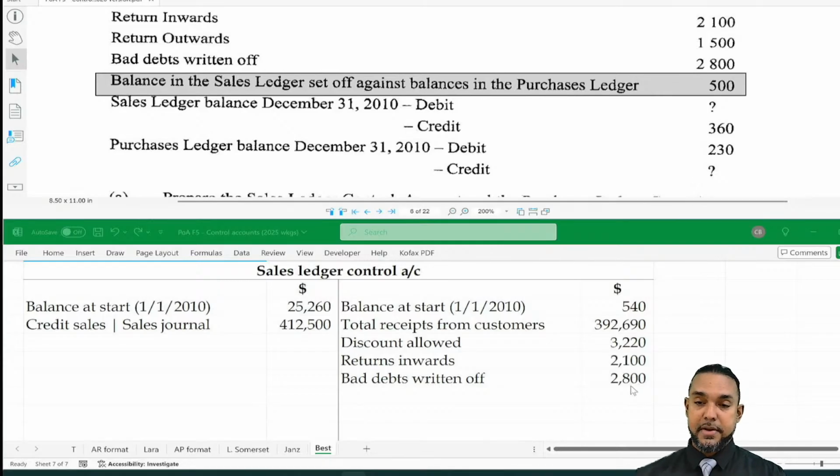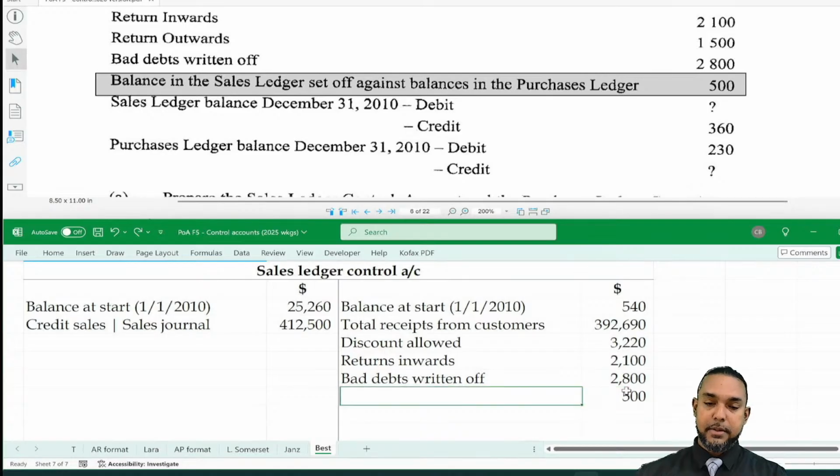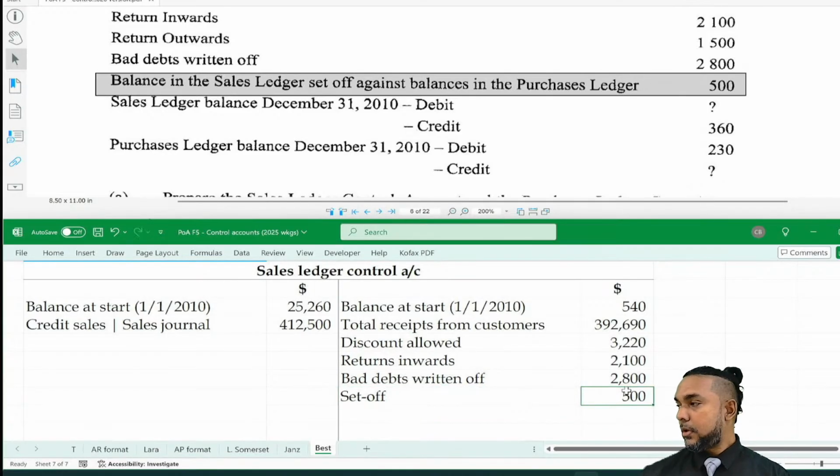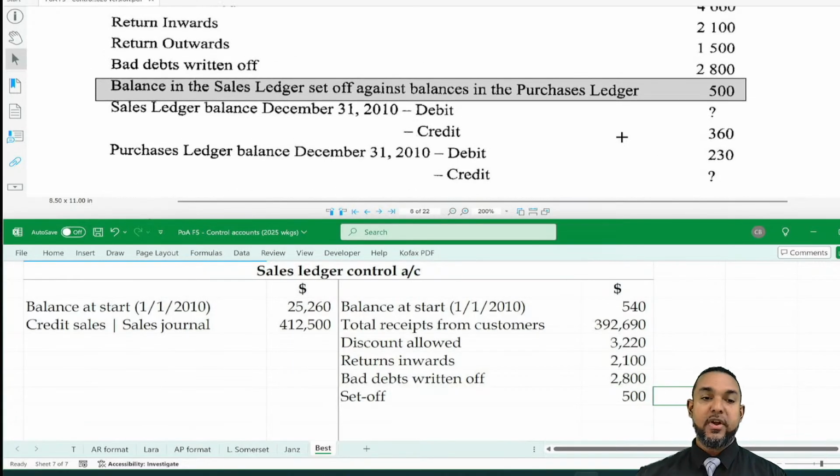So you'll go on this side and put your 500 and write set off. In the creditors control, it will go on the debit side there. Set off.